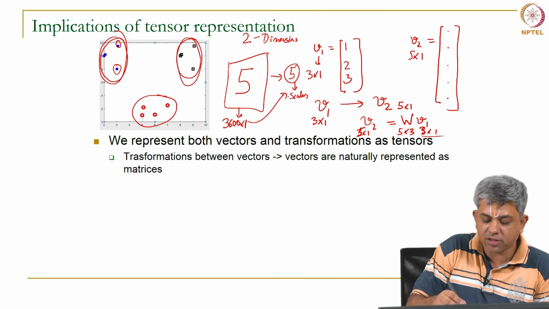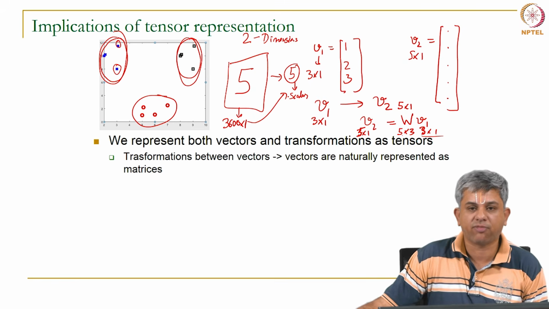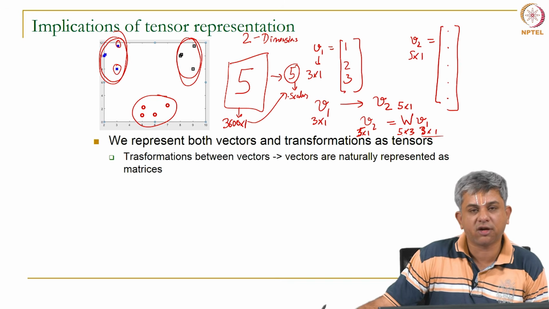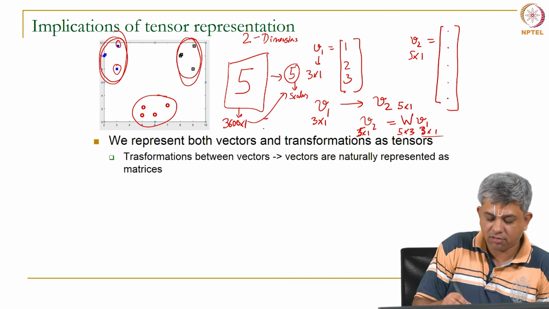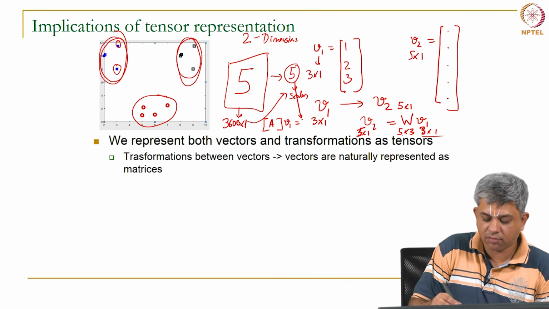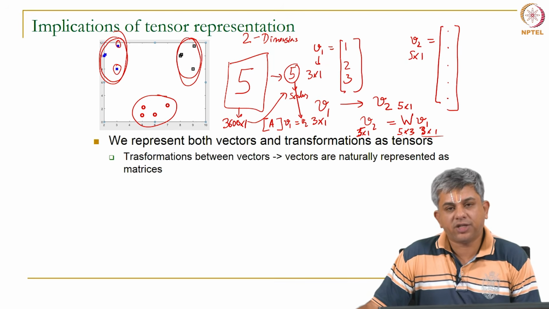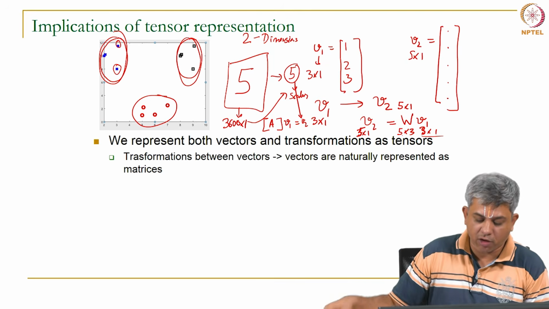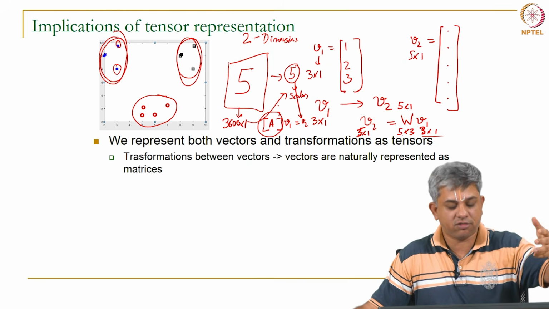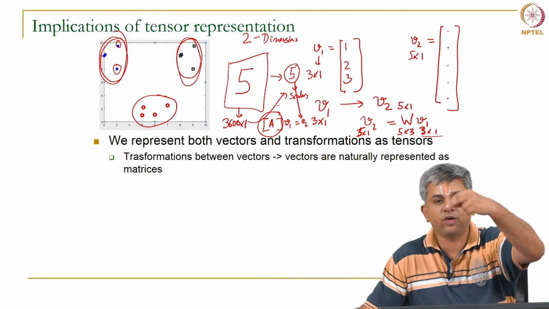How do you go from this to this? You put a matrix up front. So, if you put a 3600 cross 3600 matrix A up front, A times V1 is V2. The machine learning algorithm has to somehow figure out this matrix, which will take every possible image and turn it into the right number.